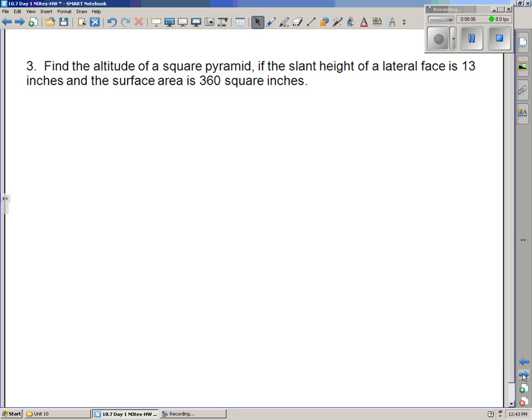If we go on to this next one, find the altitude of a square pyramid if the slant height of a lateral face is 13 inches and the surface area is 360 square inches. This one's going to be a little bit more tricky, but should still be fine. So surface area we know is going to be 1/2 the perimeter times the slant height plus the area of the base.